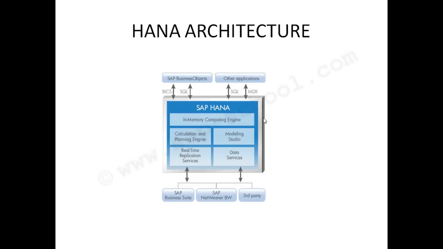Everything is done in the database, so that saves a lot of time and a lot of storage, because you don't have to bring the data to the application server every time you do a computation. So this is a very wonderful database. Once you have the data in HANA, you have the ability to perform very complex analysis of business information using the reporting tools.